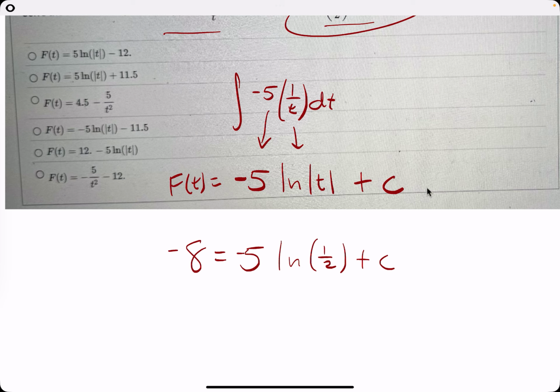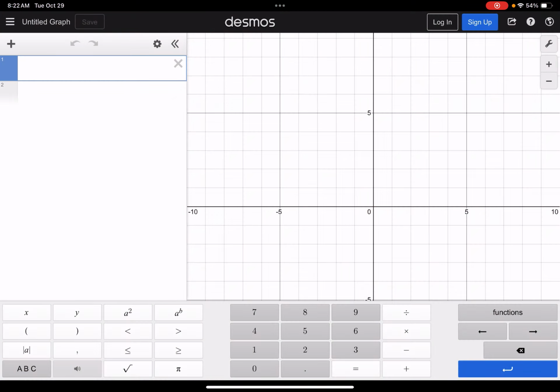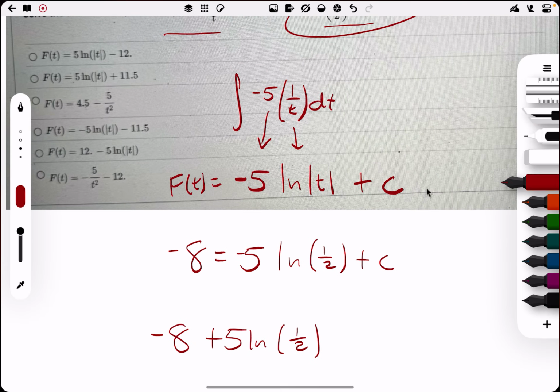I guess we add the 5 ln of 1/2. That's pretty whack. That's fine. I guess they want a decimal, so maybe we'll actually calculate this real quick. -8 plus 5 ln of 1/2 or 0.5, so we get about -11.5.